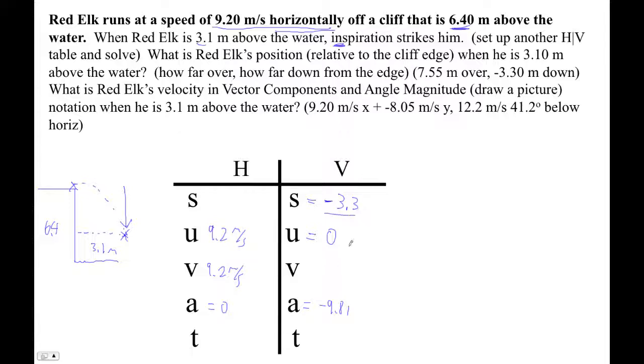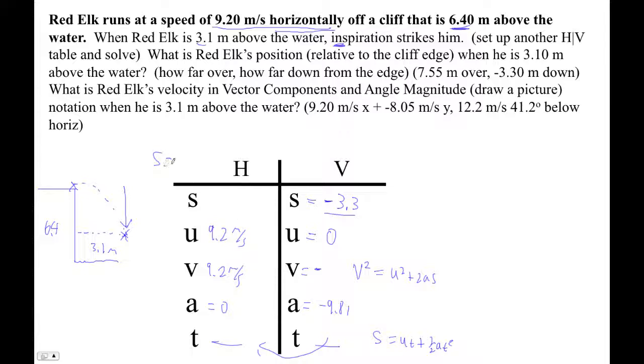Once you figure this out, I would use v squared is u squared plus 2as to find this, only slap a minus sign on it because it's going down. I would use s is ut plus 1/2 at squared to find the time, and then once you find the time, it goes across, and then you can figure this out.